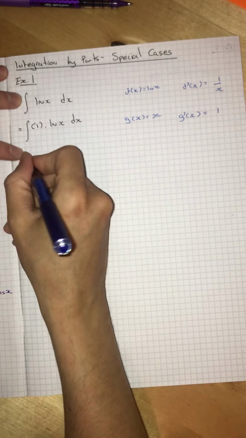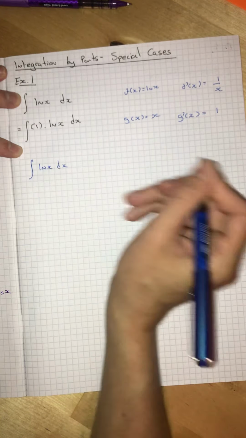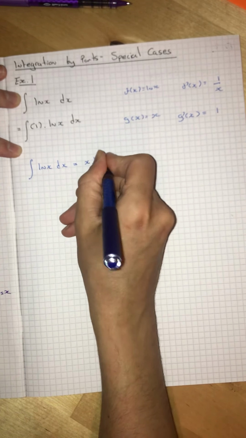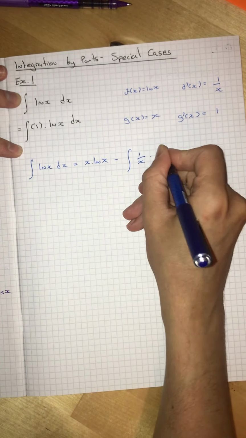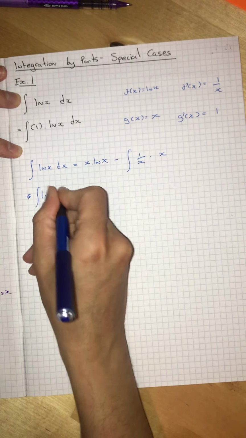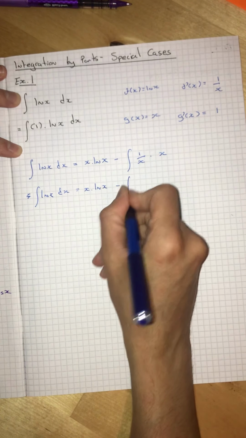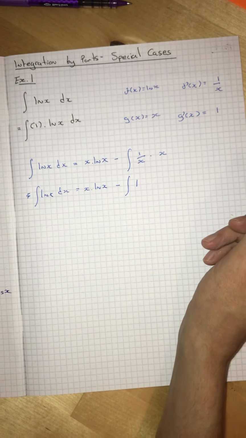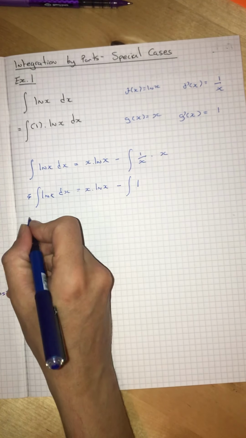Okay, so that means we've got the integral of log x dx will equal f of x g of x minus the integral of f dashed x g of x. So we get the integral of log x dx equals x log x minus the integral of 1, because the x's cancel out, and you can see why that works out that way, and that's why doing it in this opposite way has worked out.